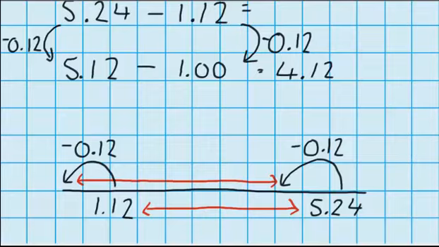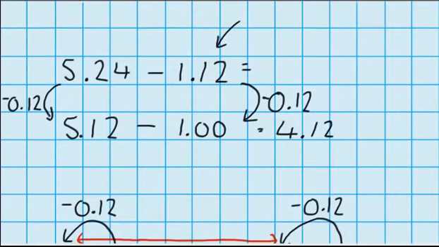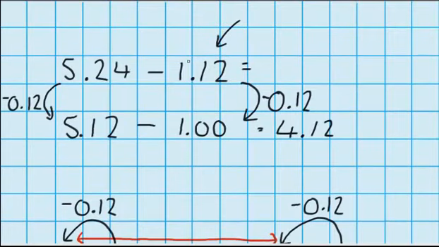Let's have a think about the important things to remember from this lesson. Well, I'm trying to change this second number here to a whole number. In this example, I've gone down to the nearest whole number, but it doesn't matter if you need to go up to the nearest whole number. And then you need to remember that whatever you do to this number here, you have to do the same thing to this number here, because you're trying to keep the distance between the two numbers the same.